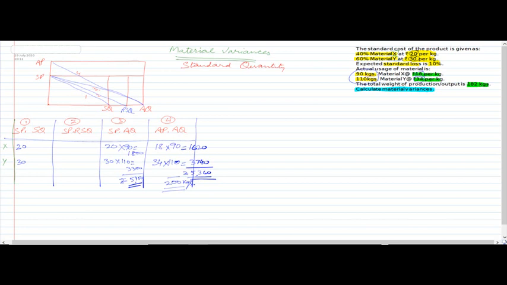We shall calculate it. In this problem, we are given that the output is 182 kgs.